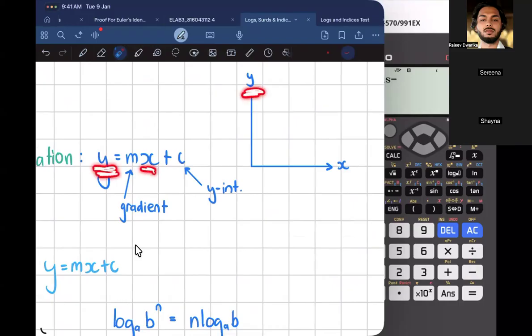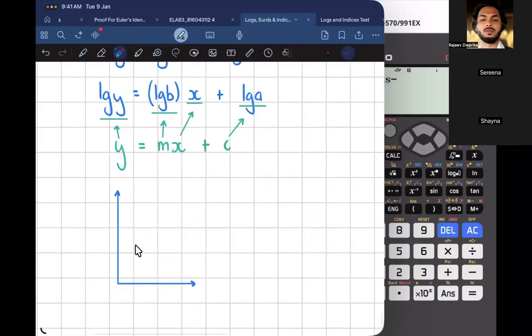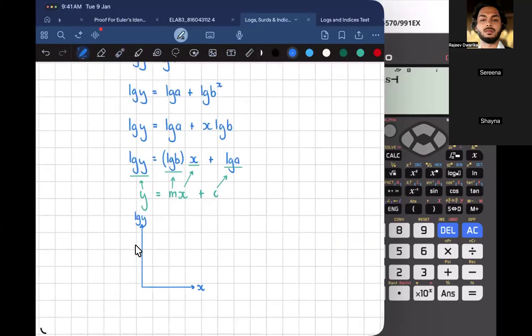Whatever is over here is the x-axis. So keep that in mind. Apply that same concept over here. Normally you put y here and x over here. But what is taking the place of y? Log y. Right? And in this case, what is x? Just x. Yeah. So let me explain the gist of this thing.